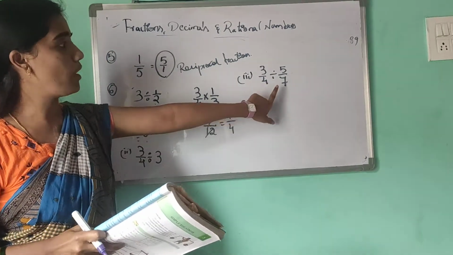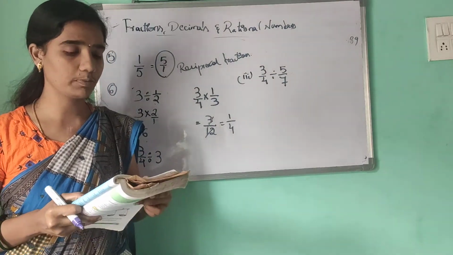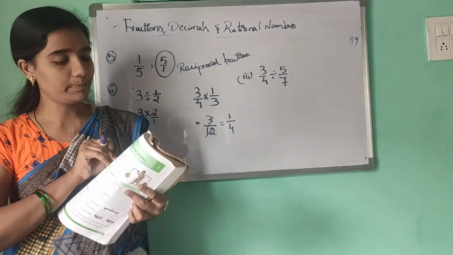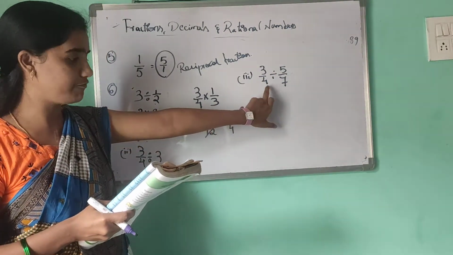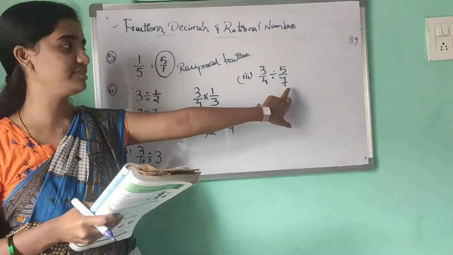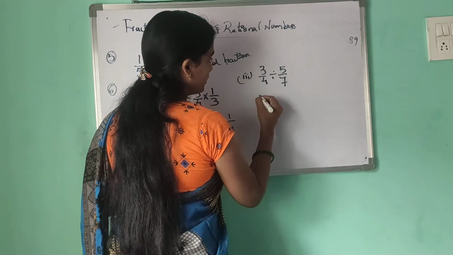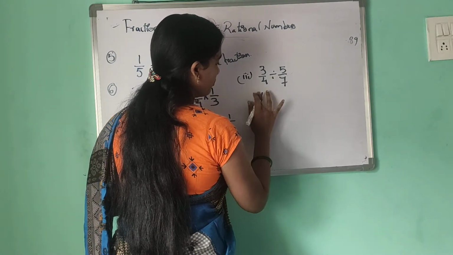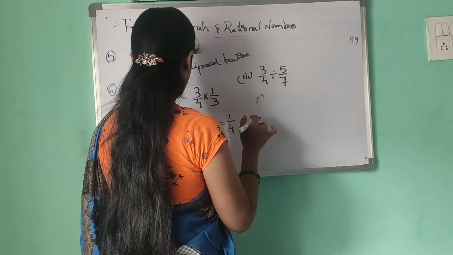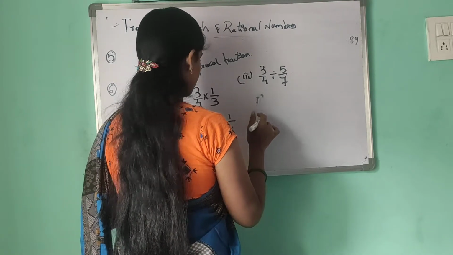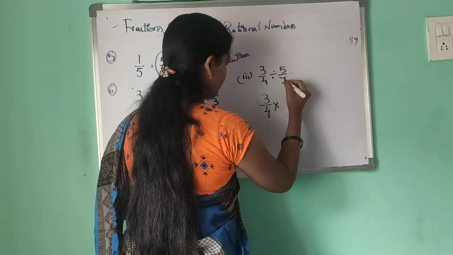So which number do we take the reciprocal of? We multiply the first fraction with the reciprocal of the second. So here I am taking 3 by 4 into the reciprocal of 5 by 7.